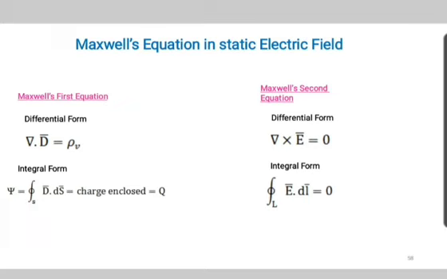Second equation, the line integral of magnetic field intensity over the closed path is equal to the surface integration of current density. Third equation is, the line integration of electric field intensity over the closed path is 0. And fourth equation, the net magnetic flux entering and leaving the closed surface is same.